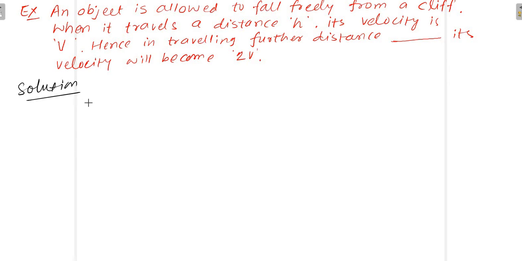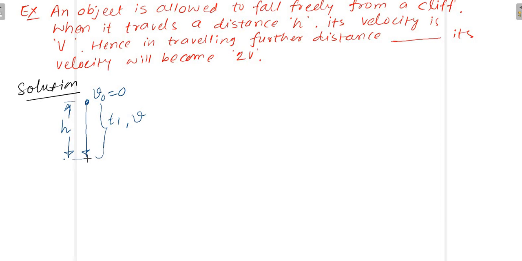Initially, when the object is at this height, the velocity v0 is equal to 0 because it is allowed to fall freely. Now it has fallen, and after a certain distance h, in a time interval t1, the velocity is v.